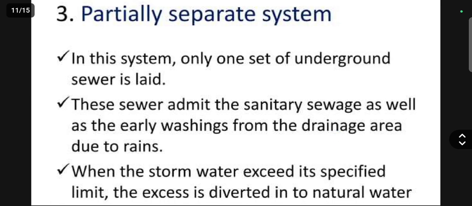Here the total pipe network should not be like a separate system, and also not entirely like a combined system. For some portions there might be combined, and some portions there might be separate.